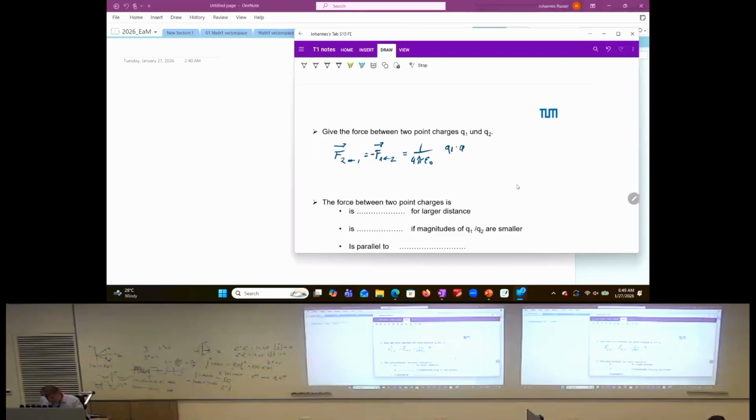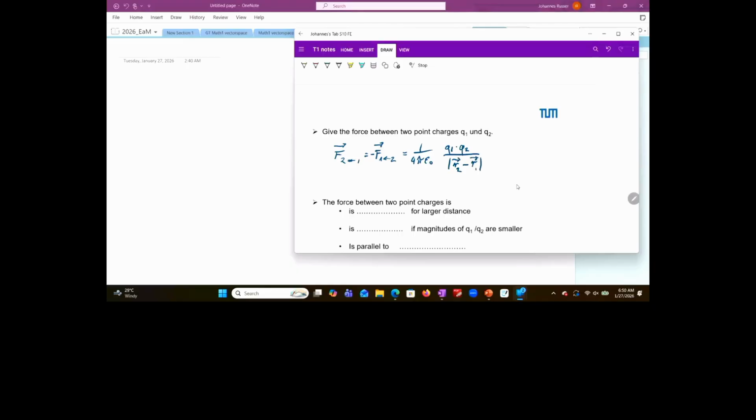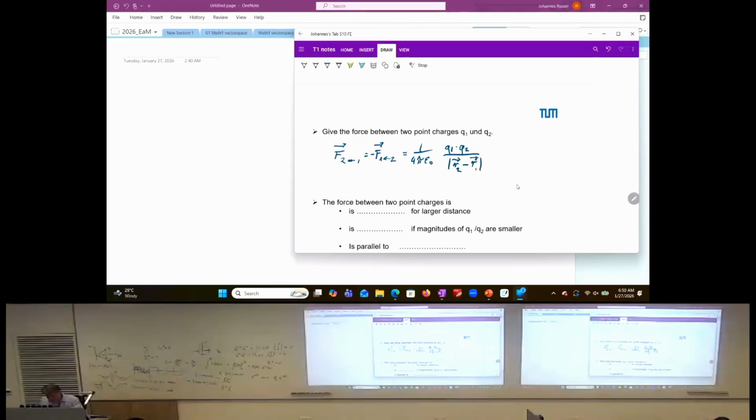It's Q1 times Q2, and then it is inversely proportional to the square of the distance vector. So that gives us R2 minus R1. That would give us a square first, but then we want to also have the direction. So we have to give also the distance vector itself.